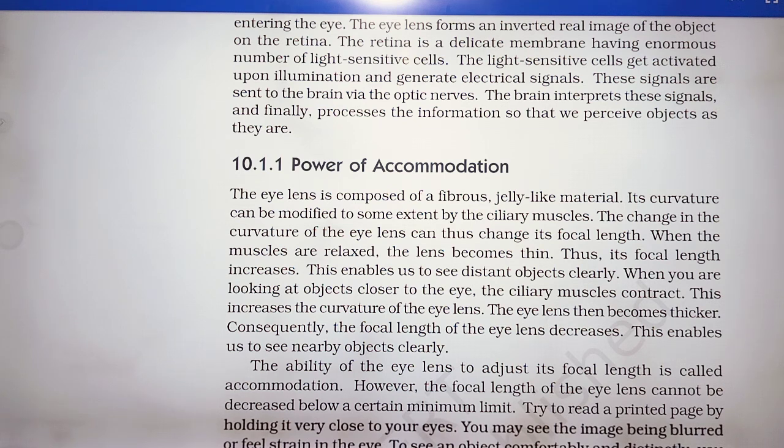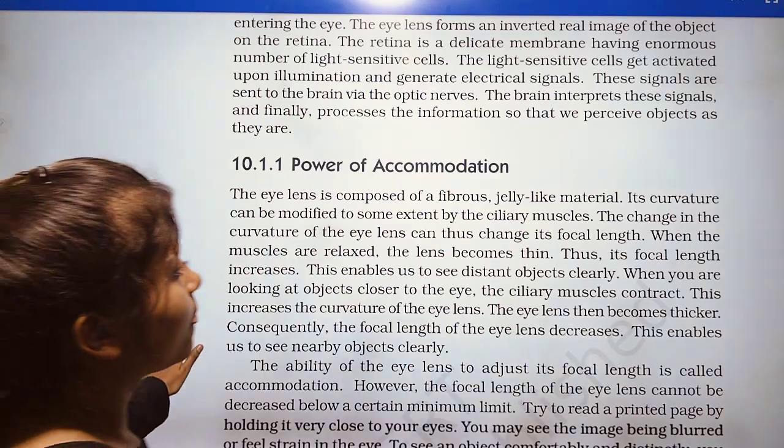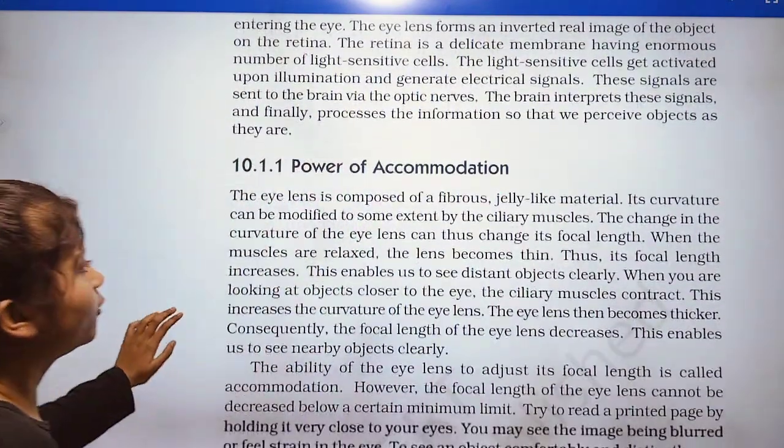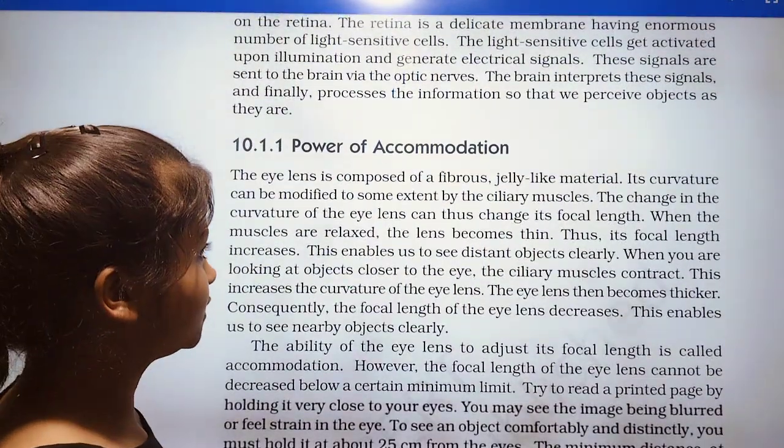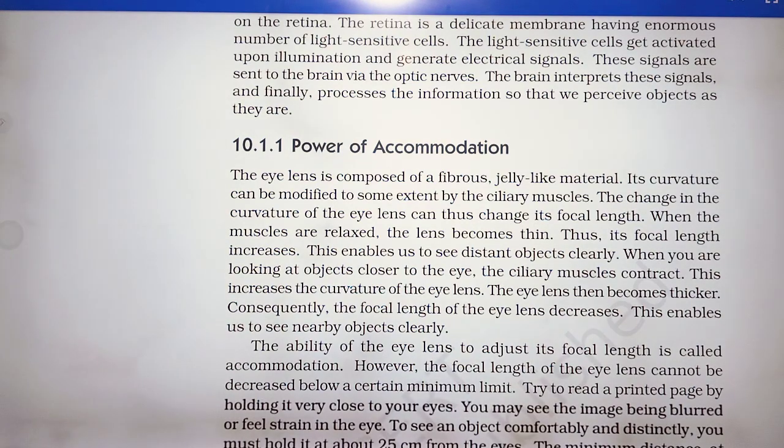The eye lens is composed of a fibrous, jelly-like material, and its curvature can be modified to some extent by the ciliary muscles.